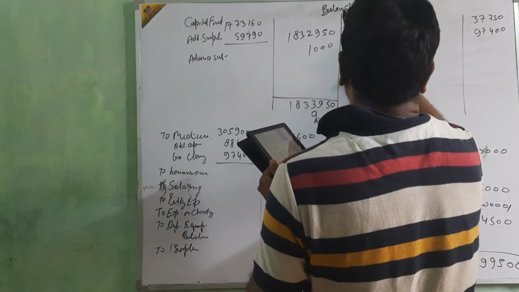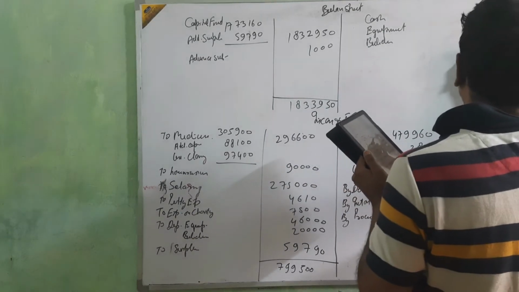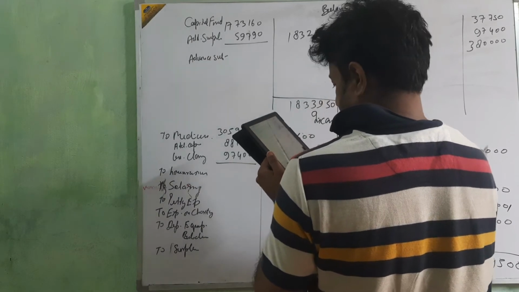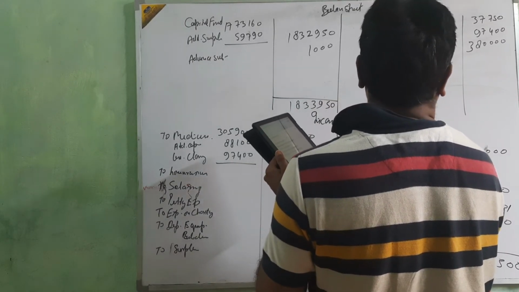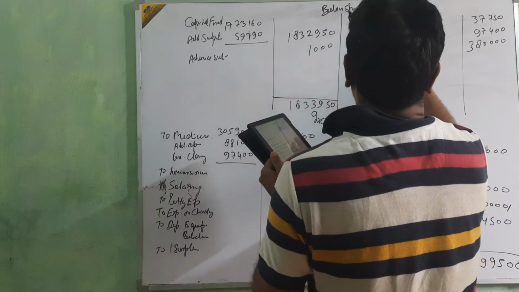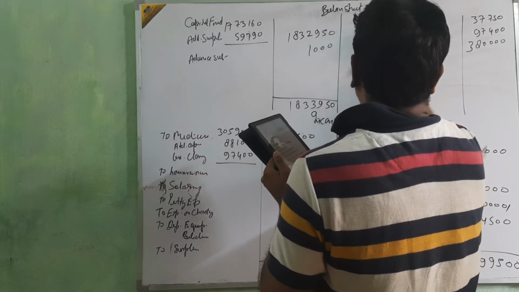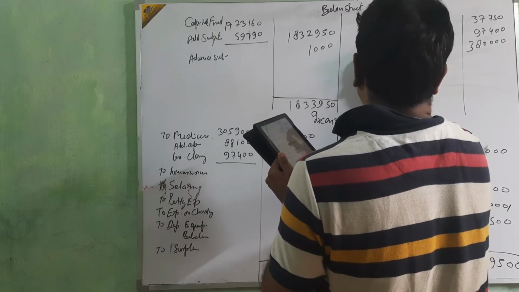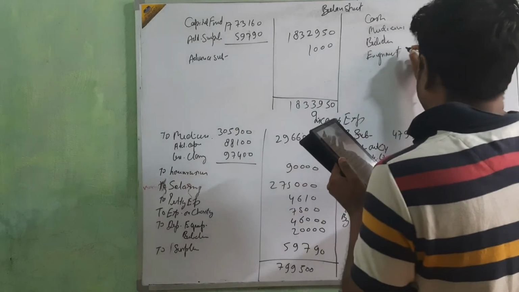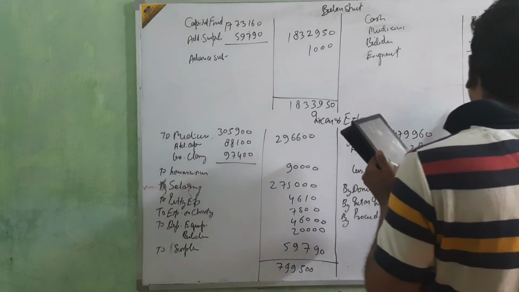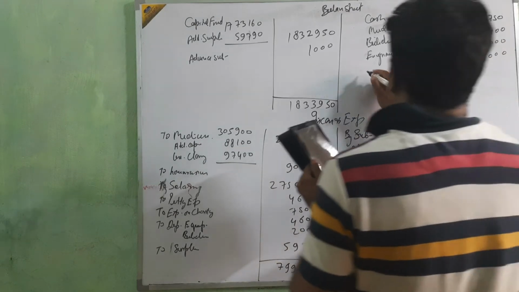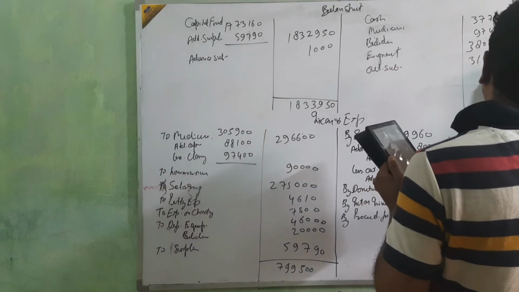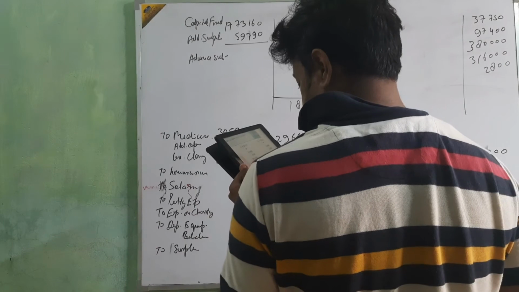And then building, that amount is 3,80,000. Sorry, I mean equipment, that amount is 3,16,000. Outstanding subscription for this year, 2,800. Okay, beta.